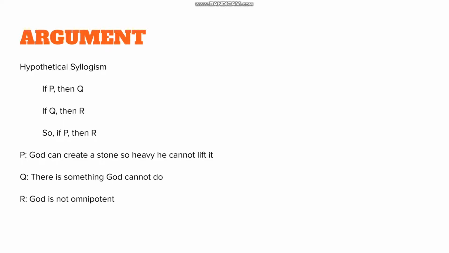Sub in the symbol P for the sentence, God can create a stone so heavy he cannot lift it. Sub in the symbol Q for the sentence, there is something God cannot do. And sub in the symbol R for the sentence, God is not omnipotent. Then you get the following argument.